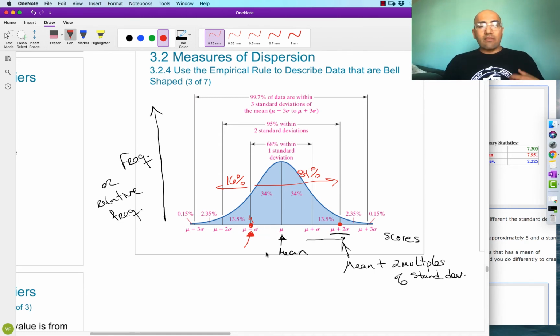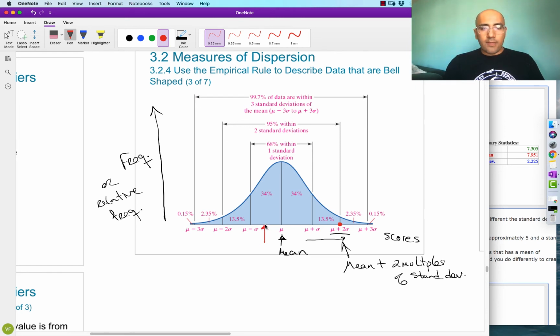We're going to talk about the multiples of standard deviations. If you're minus 1 standard deviation, if you're above 2 standard deviations. Now, it doesn't have to be a whole number. I've just been focusing on whole numbers because that's an easy place to start. But it could be that my score was a value somewhere in there.